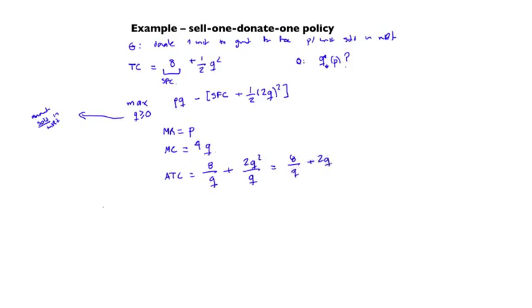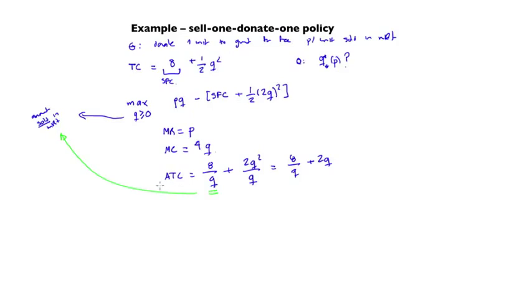Please notice that this Q is again the amount sold in the market. And a way of thinking, by the way, intuitively of the problem is that from the point of view of the firm, it doesn't care that it has to donate to the government. What it cares is that it has transformed its cost function into something that looks like this instead of this because of the mandatory donation policy.